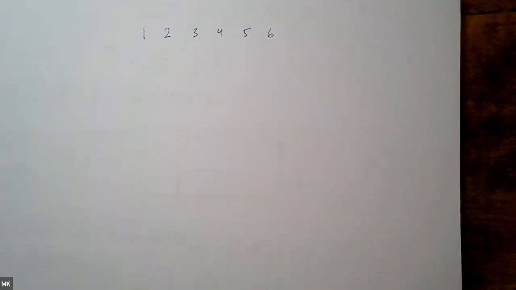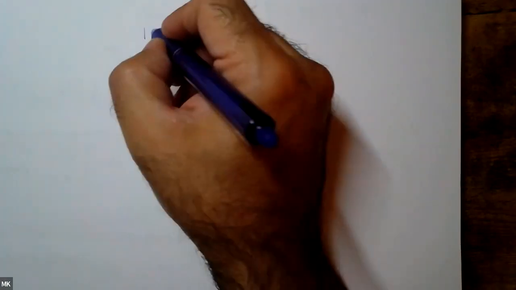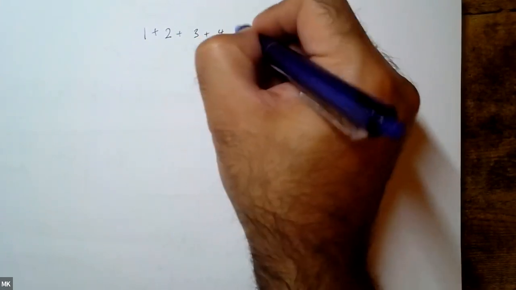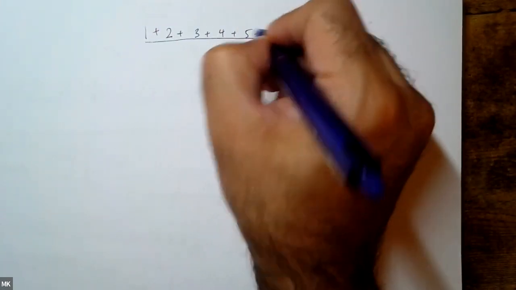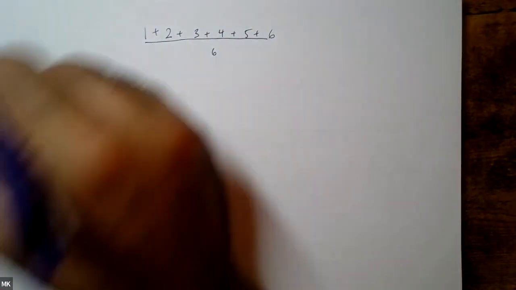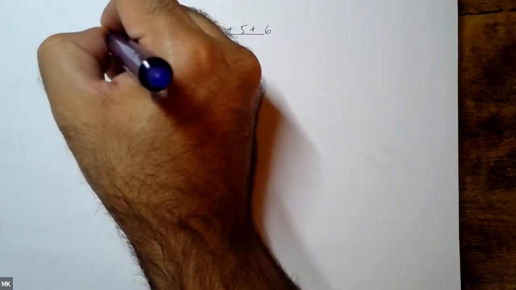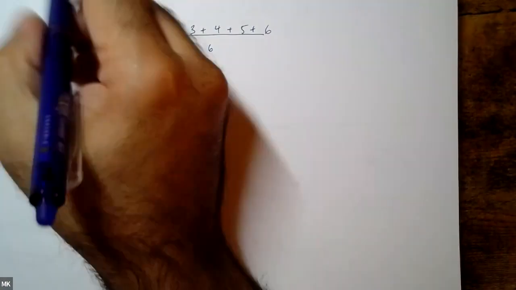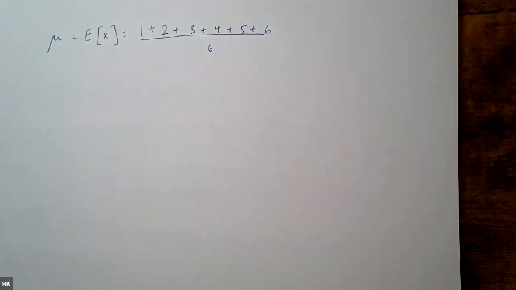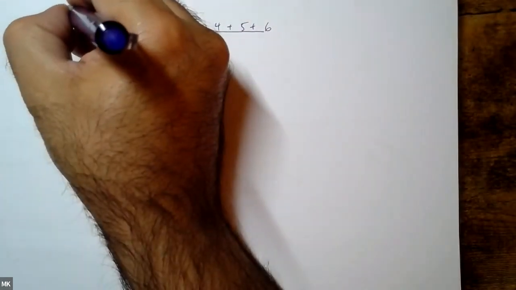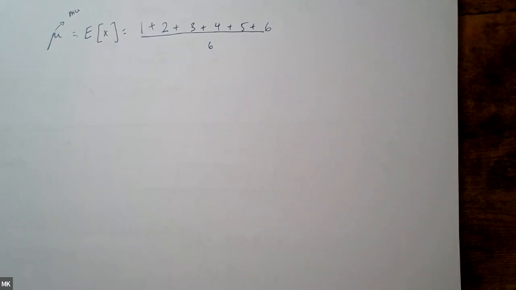If someone asks what is the expected value, or the average of those, you should say add them all together and divide by the number of them. So this is the expected value, or sometimes we write it with the Greek letter mu for expected value or mean.